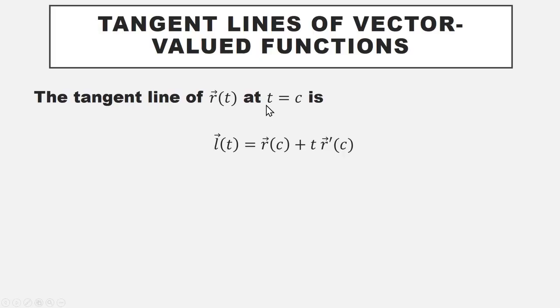So if I'm talking about a t value, which is equal to the number c, I do r of c plus t, that's variable t, times r prime at c. So we get a tangent line from our derivative. In a very similar way, we would get a tangent line from the derivative of a function in 2 variables.